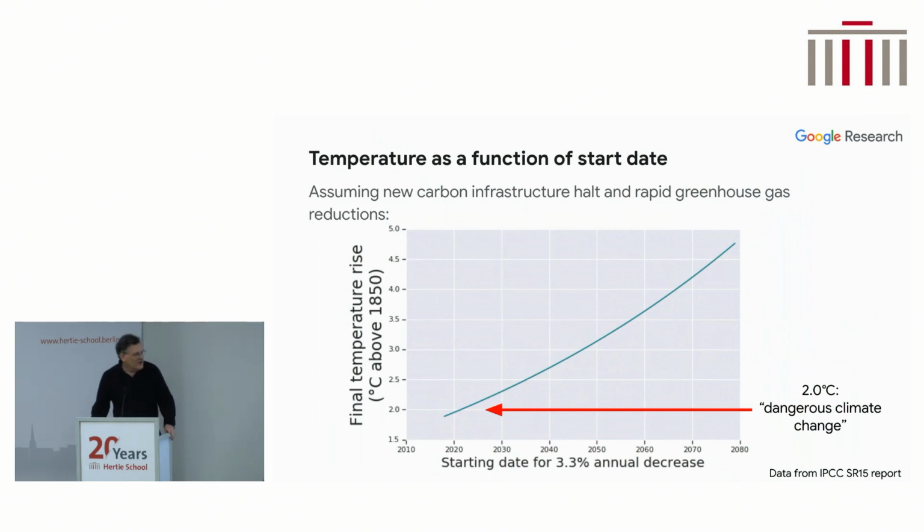And you really don't want to be above 2 because, first of all, there are very serious health effects and damages caused by that. And then there are these risky but very difficult to quantify tipping points that no one exactly knows where they are. So you really don't want to go past 2.